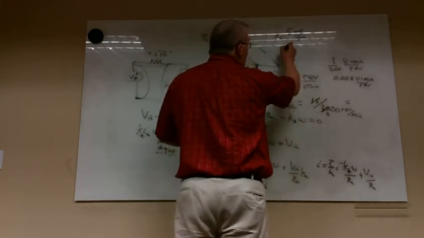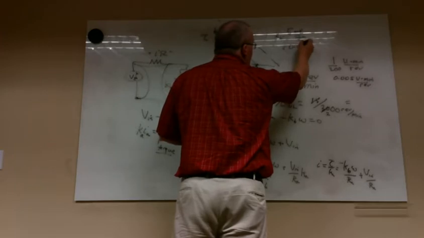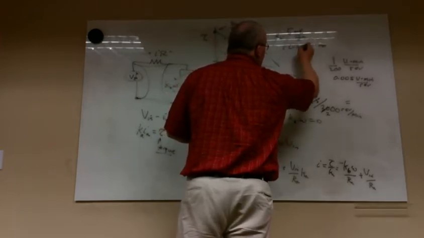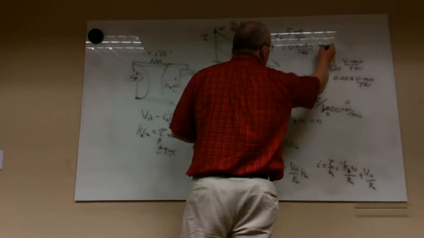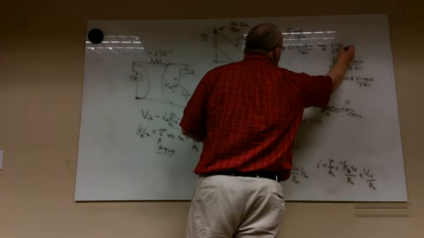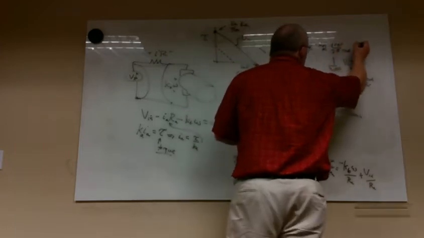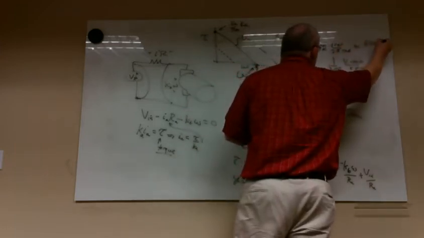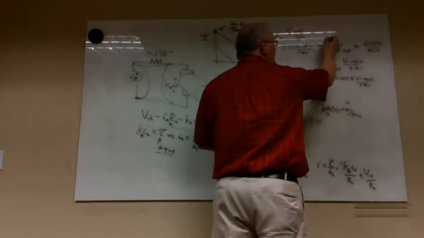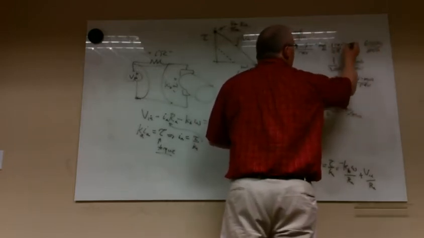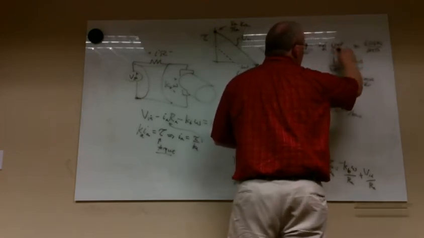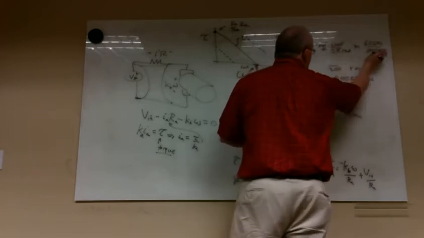So I can go ahead and do 0.005 volt minute per rev times 1 rev per 2 pi radians times 60 seconds. You multiply by 60, not divide, per minute. Minutes cancel out, revs cancel out. Now we have volt seconds per radian, otherwise known as volts per radian per second.